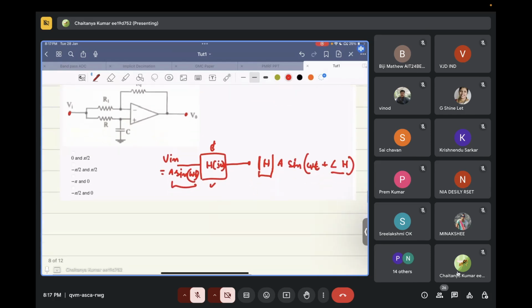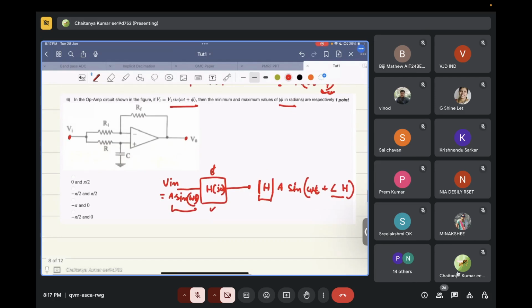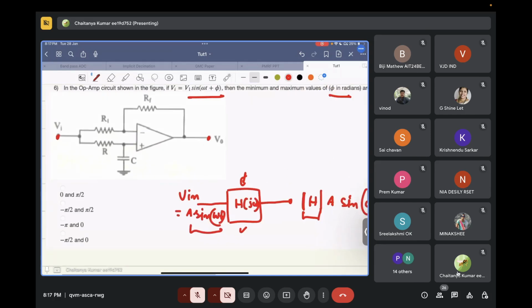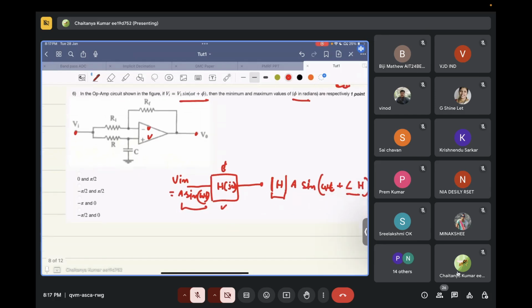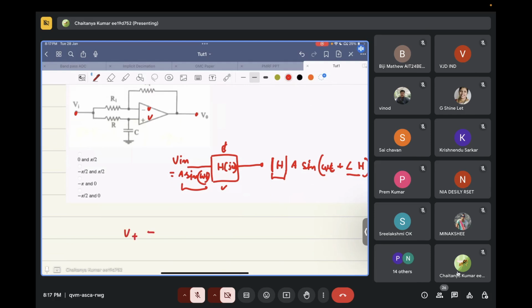Okay, so let's try to find out. Now, if the op amp is ideal, our both negative and positive terminals will be a virtual short. So what will be V plus? V plus can be written as the impedance divider between this resistor and this capacitor.